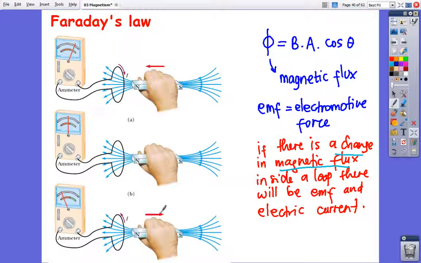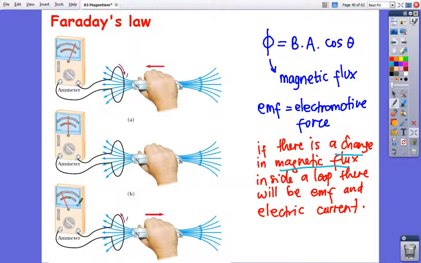Now the third picture shows that if you move this magnet bar away from the loop, the magnetic flux will be decreasing inside the loop. Because it is decreasing, that means there is a change in magnetic flux. Also, it will create EMF inside this loop, creating current.